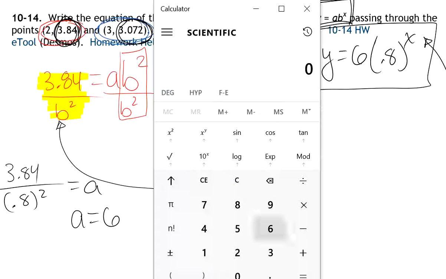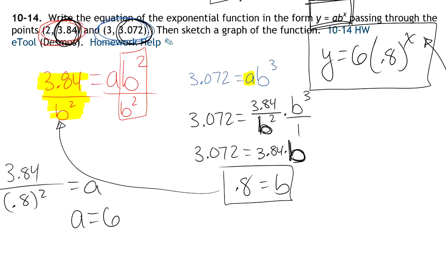So I'm going to go ahead and do 6 times 0.8 squared, and that better give me, and it does, 3.84. That's happiness. And if I take the 6 times 0.8 and raise that to the third power, it should give me, and it does, 3.072, which is fabulous.